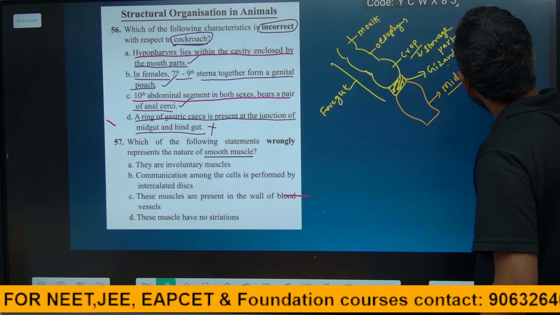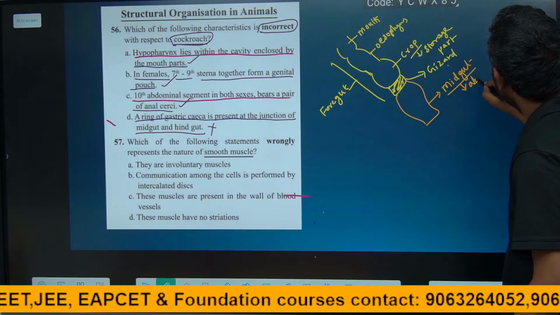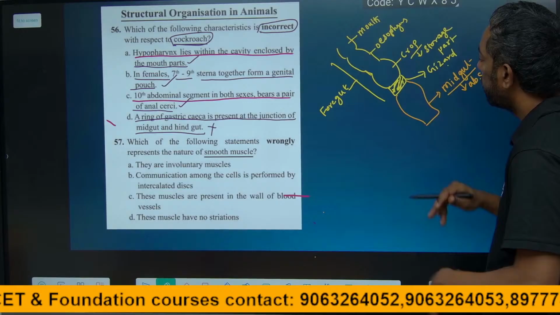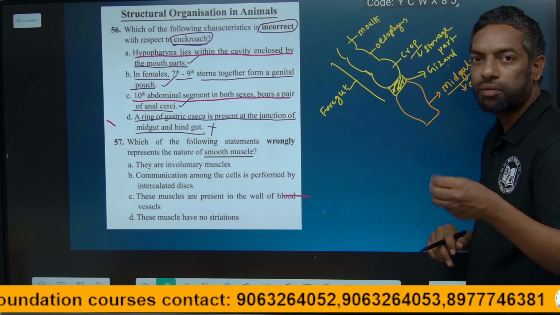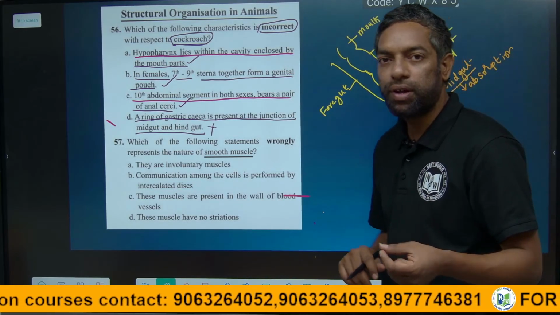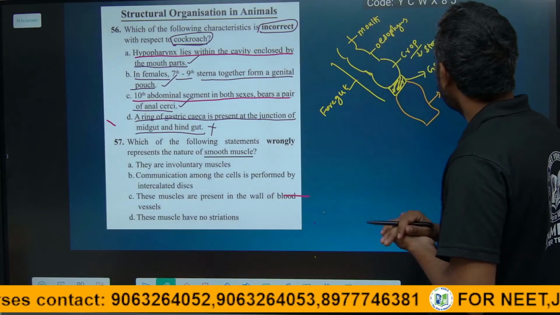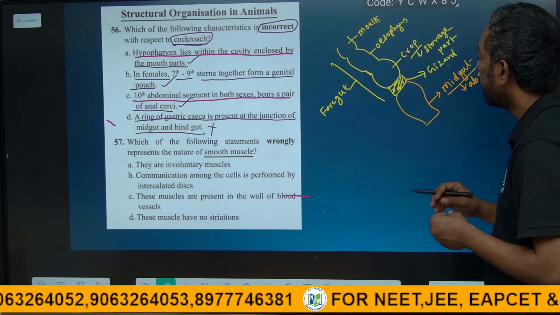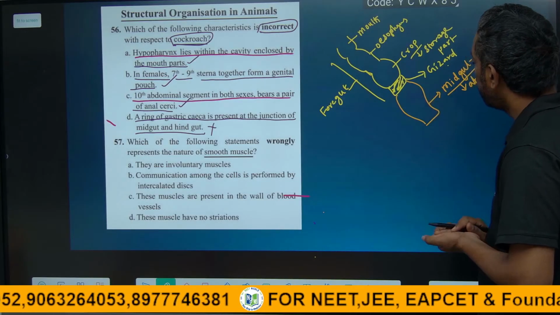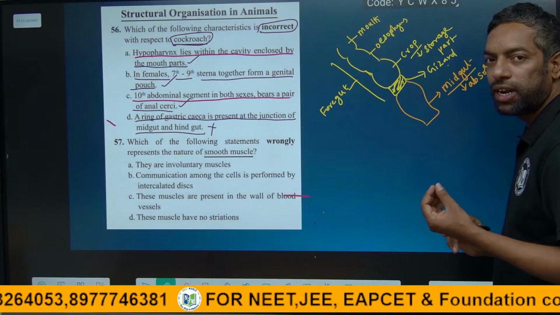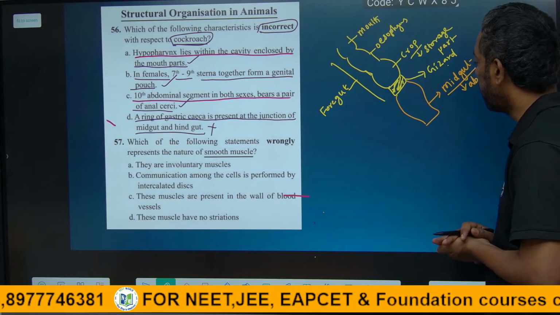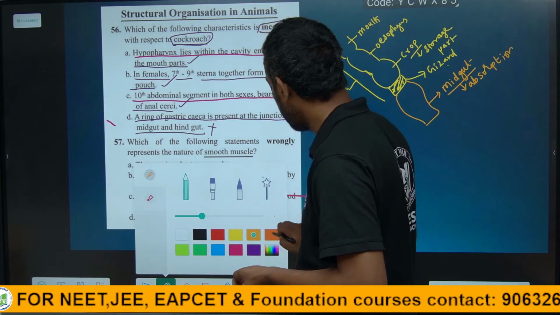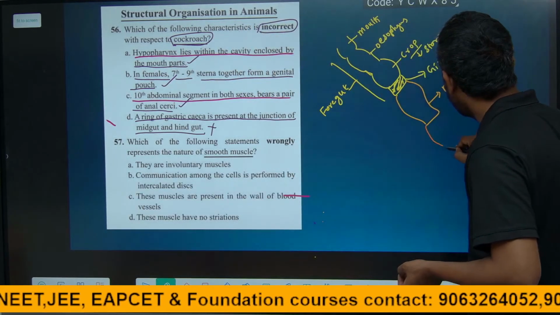Midgut is the site for absorption. The food is ground and mixed in the gizzard, where it is broken down, and absorbed in the midgut. Midgut is like the small intestine in humans. After that, this is the hindgut, guys.